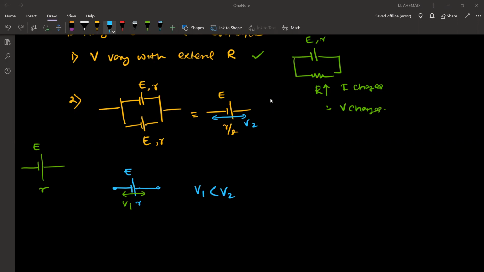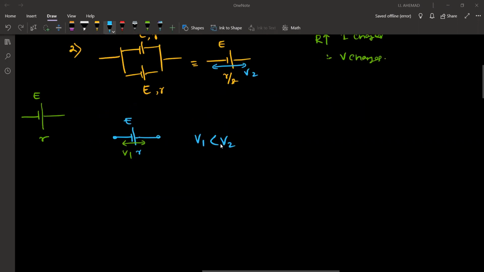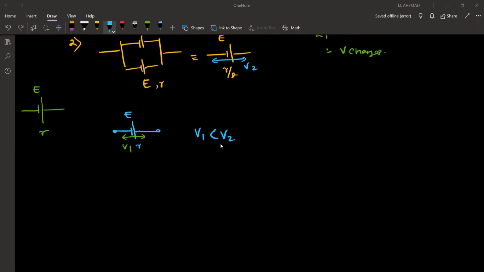What can you tell about statement 3? In statement 3, terminal voltage depends on the internal resistance of the voltmeter used. So this is also similar to 1, right?